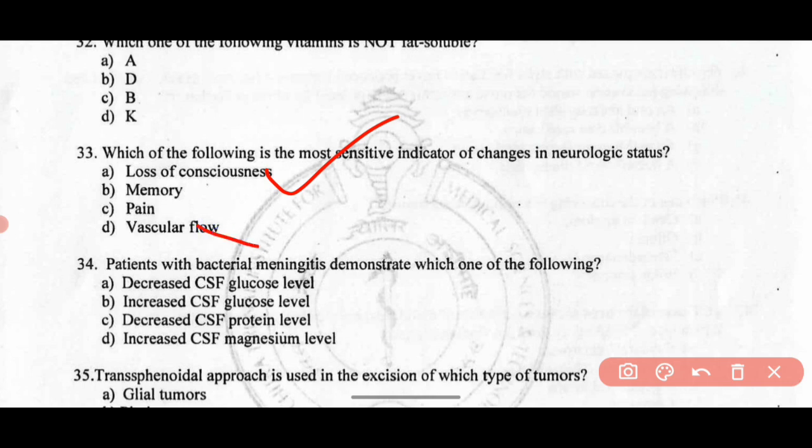Vascular flow is obviously not. Pain and memory we can consider, but if the patient is not conscious, how will you ask about memory, how will you assess the pain? Among these, consciousness is the most important one. That's why we selected option A.